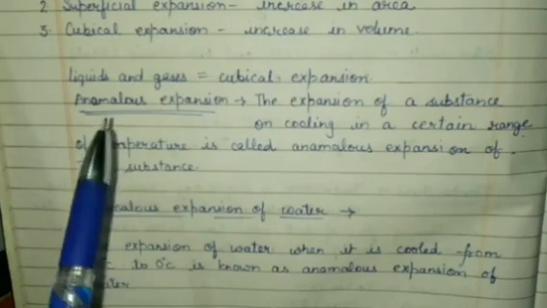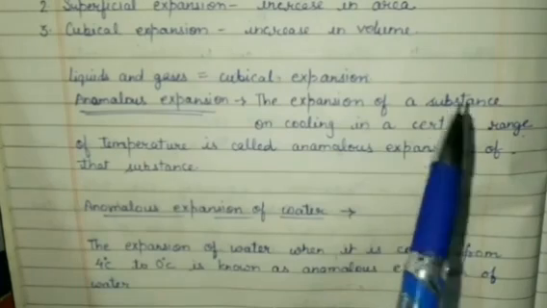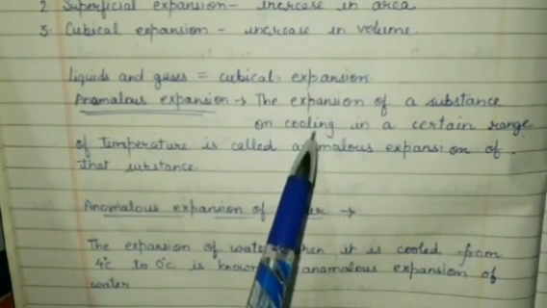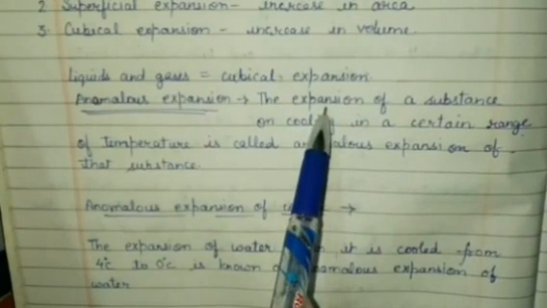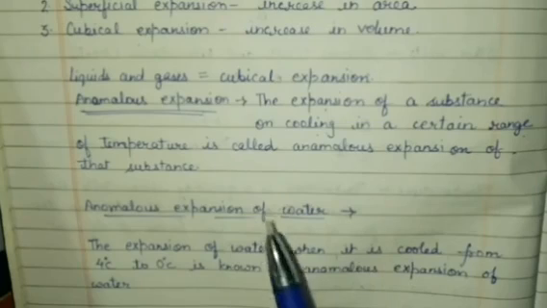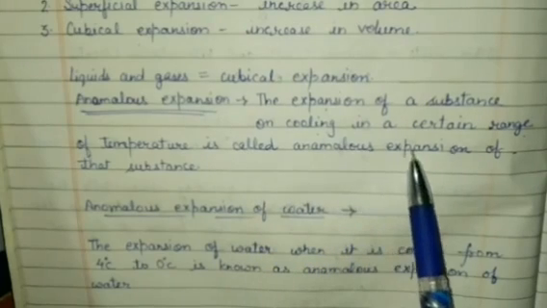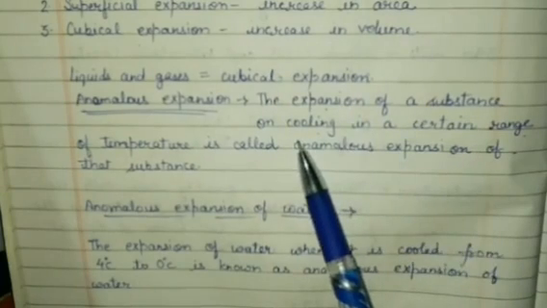But according to anomalous expansion, instead of contracting on cooling, it expands. Means when you cool a substance, it doesn't contract, it starts expanding. So this type of behavior is called anomalous expansion of that substance.